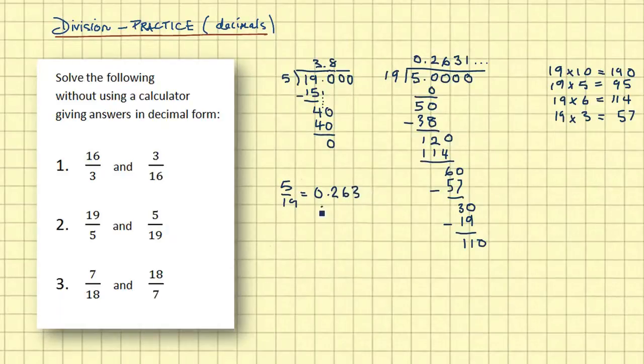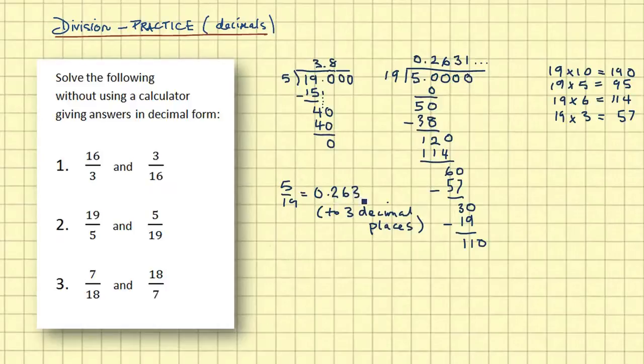0.263 to 3 decimal places. Okay, so 5 divided by 19 is 0.263 to 3 decimal places of accuracy, and that's because we got this 1 here, and the 1 is much smaller than 5, and so we know we're not going to round this up.